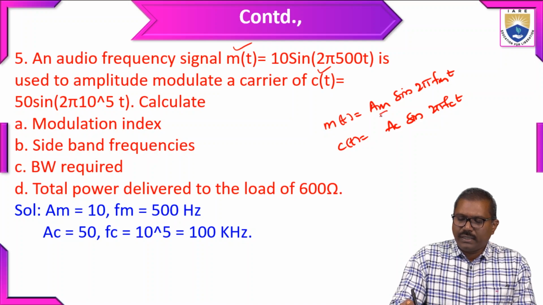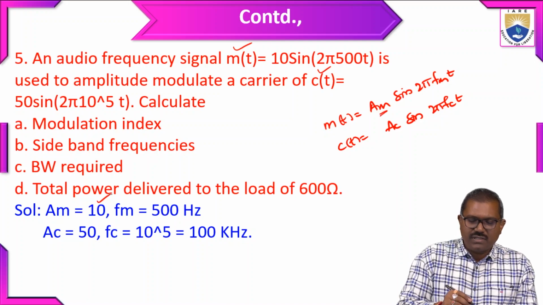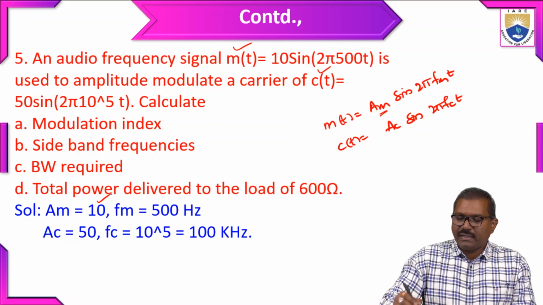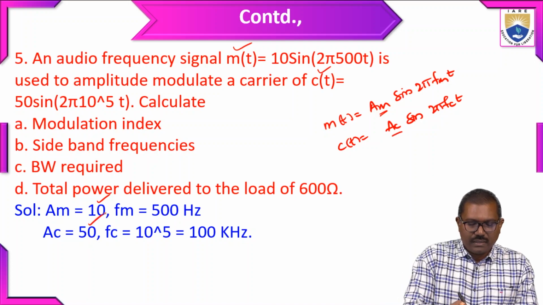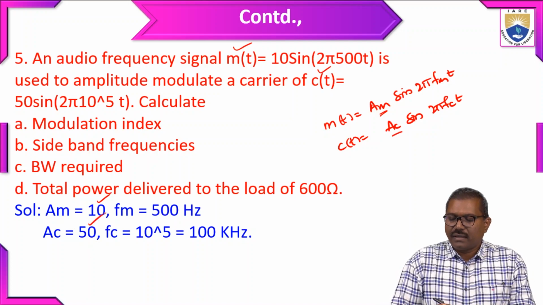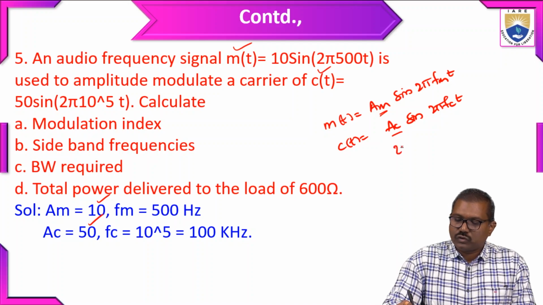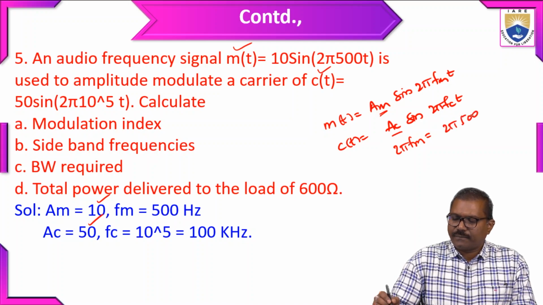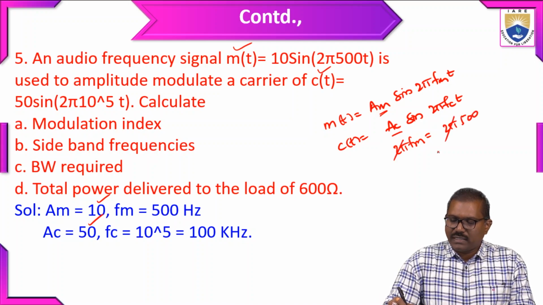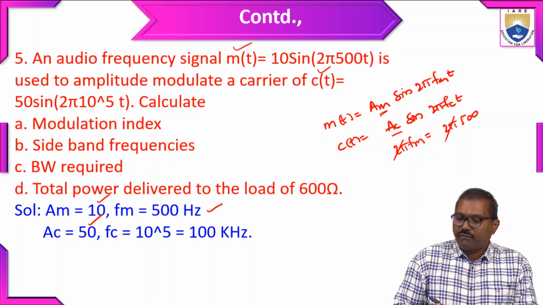So here by comparing, I got Am is 10, and again comparing Ac, it is 50, and comparing 2 pi fm is equal to 2 pi 500 t. So this 2 pi cancels. What is my fm? 500 hertz.